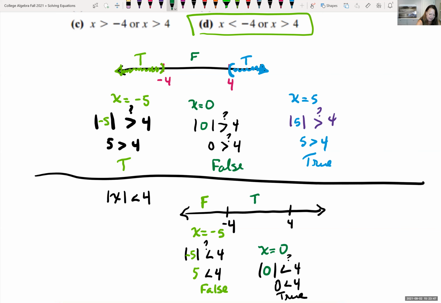So I'm going to shade everything in between -4 and 4. And then let's try anything bigger than 4. Again, maybe 5. Is the absolute value of 5 less than 4? No, 5 is not less than 4. This is false.